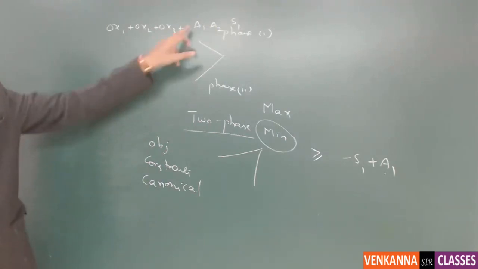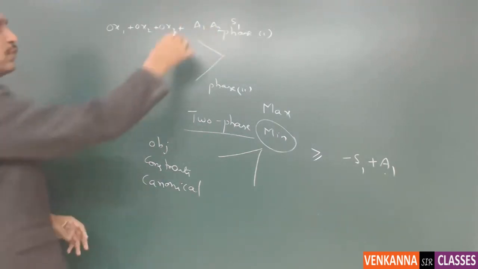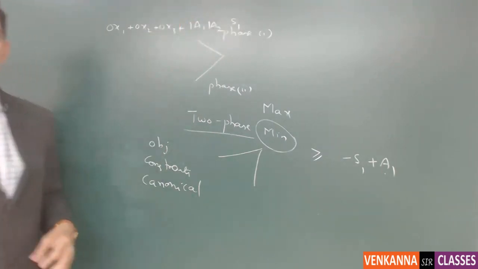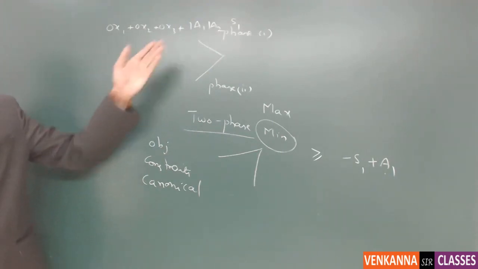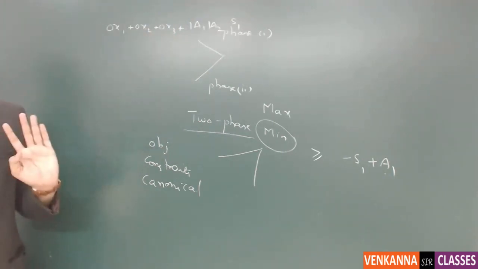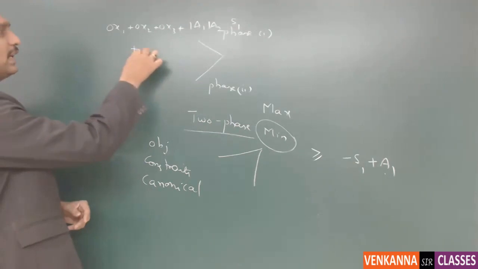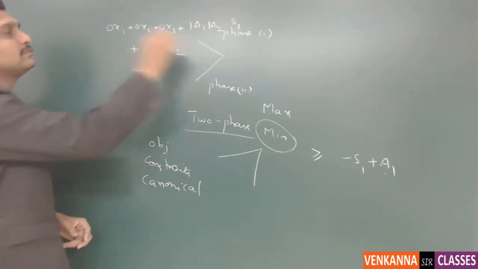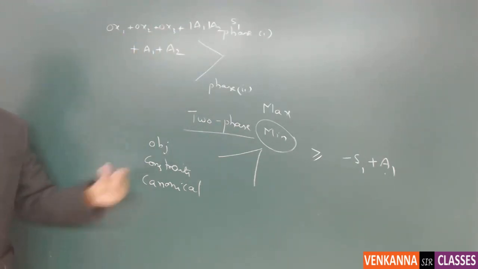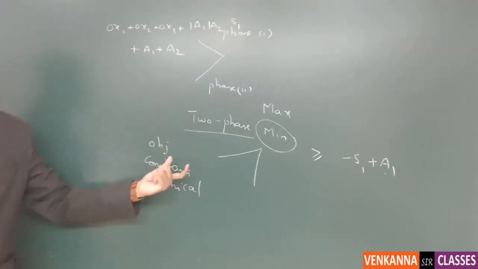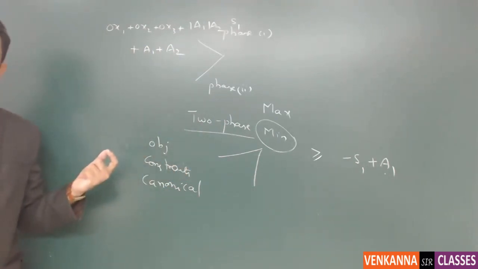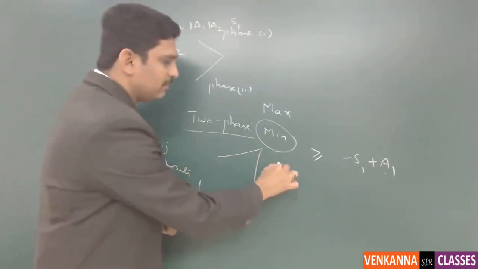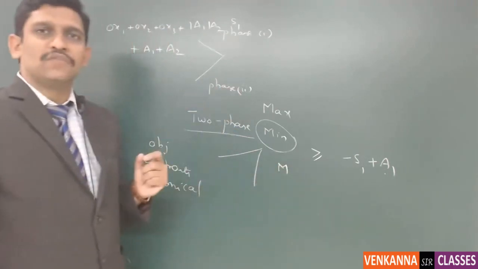And the coefficients for them are 1 or minus 1, depending upon whether the maximization case or the minimization case is considered. Because while constructing the simplex table under the minimization case, we will have M in the objective function.